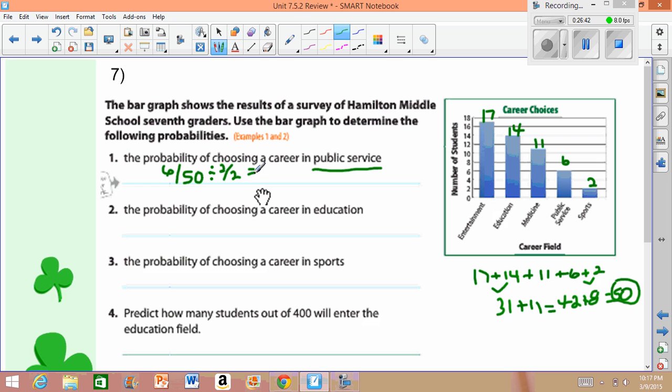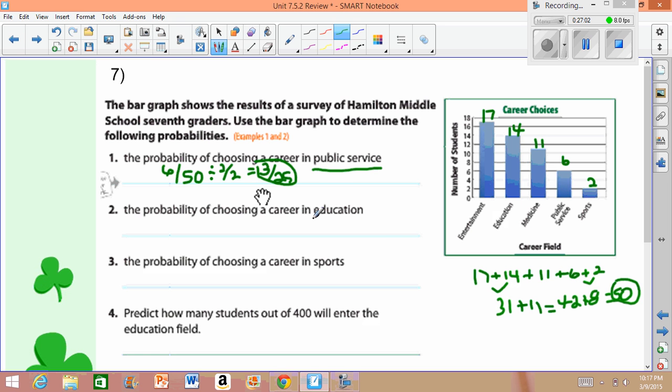So 6 divided by 2 is 3. And 50 divided by 2 is 25. So my final answer for problem number 1 is 3 out of 25. It's kind of a low probability.